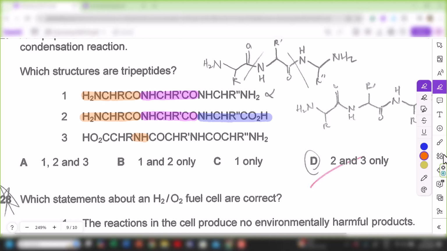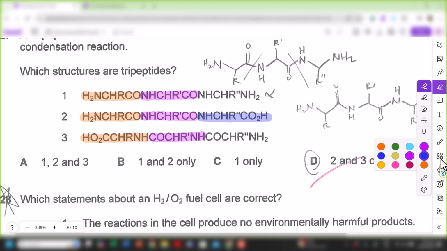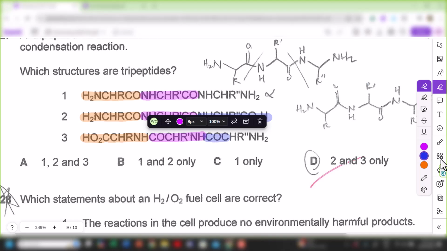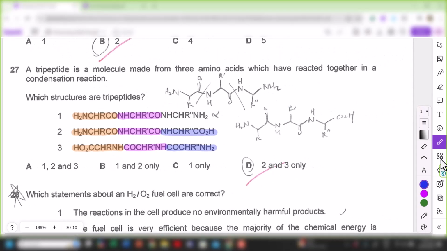This is NHRCH carboxylic acid, so that's okay. It's just that the N to C terminal is written the other way around. And then COCHR'NH, so that's another amino acid residue. And then the last one will be COCHR'NH2. So in total 2 of them are dipeptides. So I'm going to select option D.